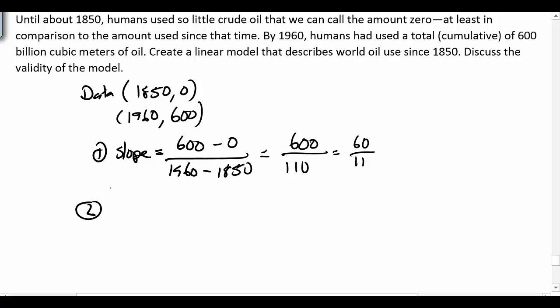Alright, step 2 is to find the y-intercept. I have 2 points to pick from. I'm going to pick the one that has the 0 in it. Usually that's a lot easier to work with. So 0 equals 60 over 11 times 1850 plus b.